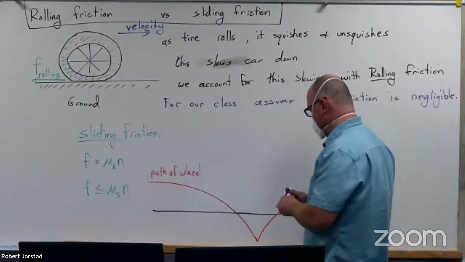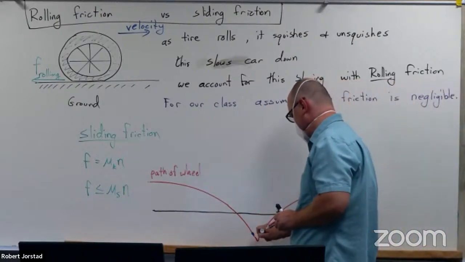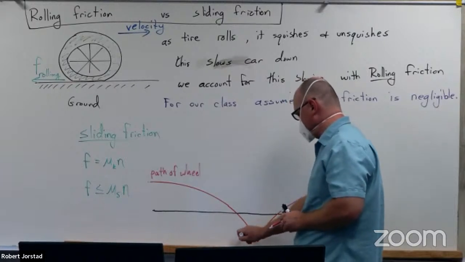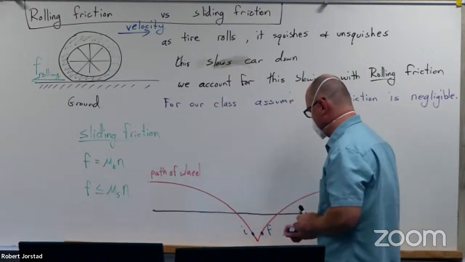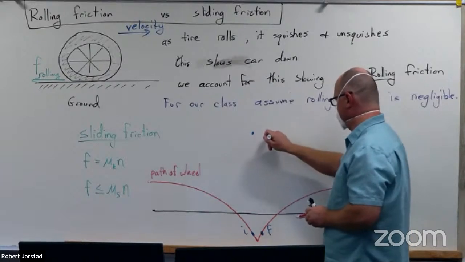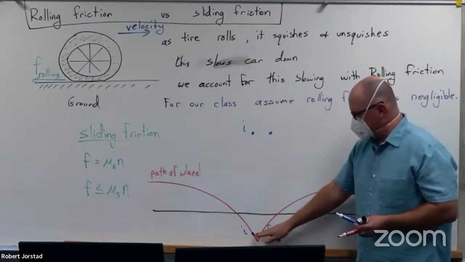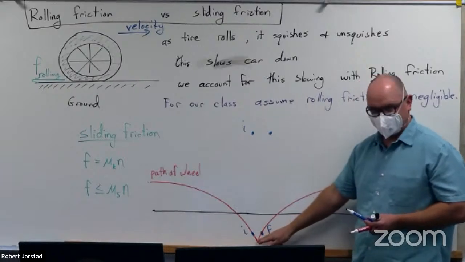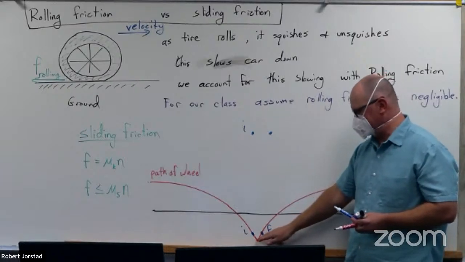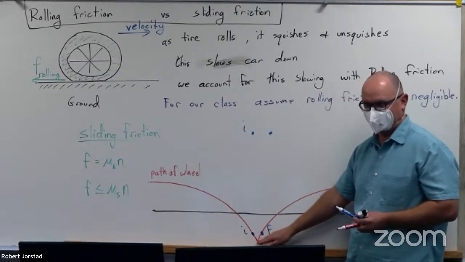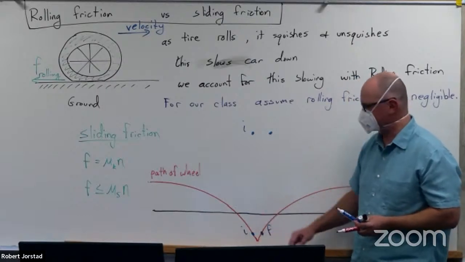So I want to look at 2 points in time. I'll call this initial and this final. I'm going to draw them up here just so we can see them better. Now, if I put this very close, approximately what direction is the velocity just before this thing bottoms out? Approximately what direction?